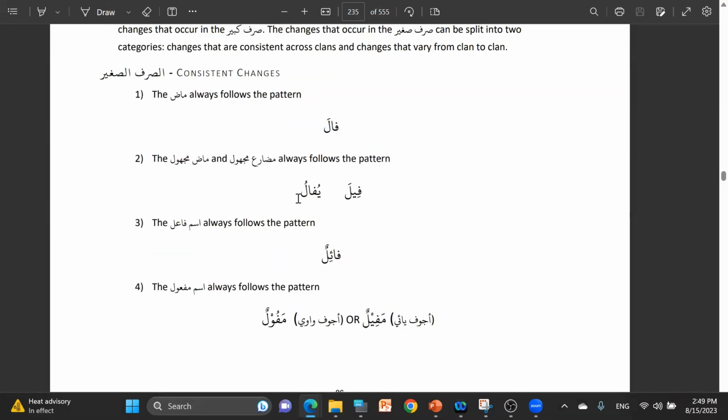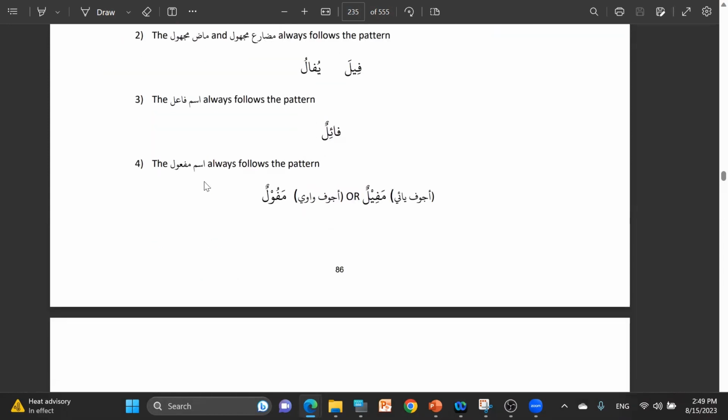It's not very detailed. In past tense, it's qala. In past passive, Fi'l Madi Mabni lil Majhul, it is qila, on the pattern of fila, and Mudare Majhul is on the pattern of yufalu, so yuqalu, yunalu. Ism Fa'il is on the pattern of fa'ilun.